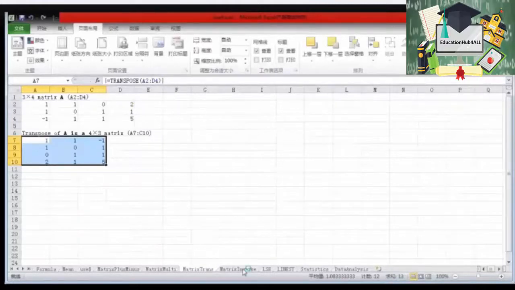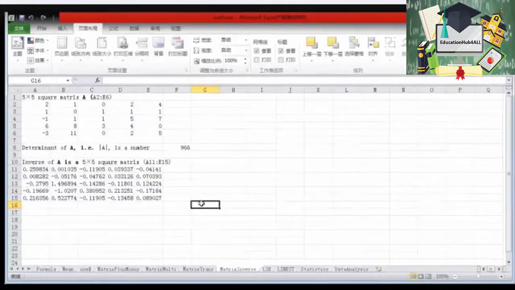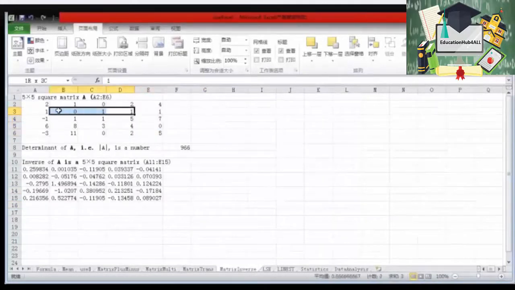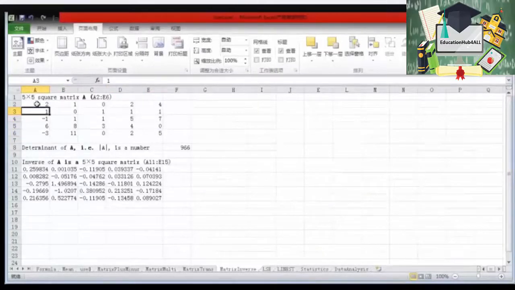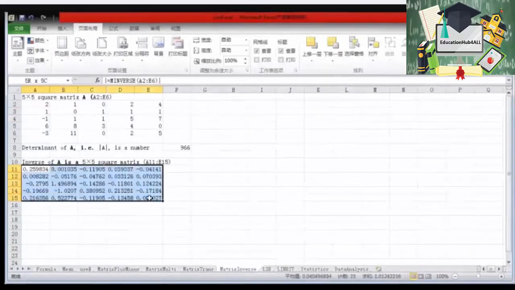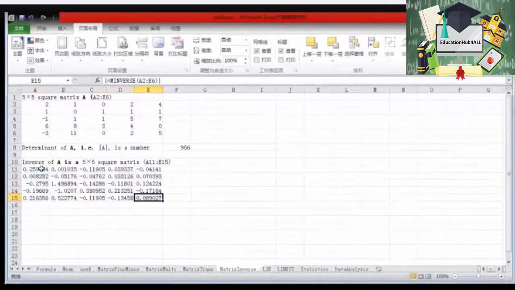The more challenging one is the inverse. For me, I can probably find the inverse of a 3 by 3, but after that it's very hard. But in Excel you just use the function.